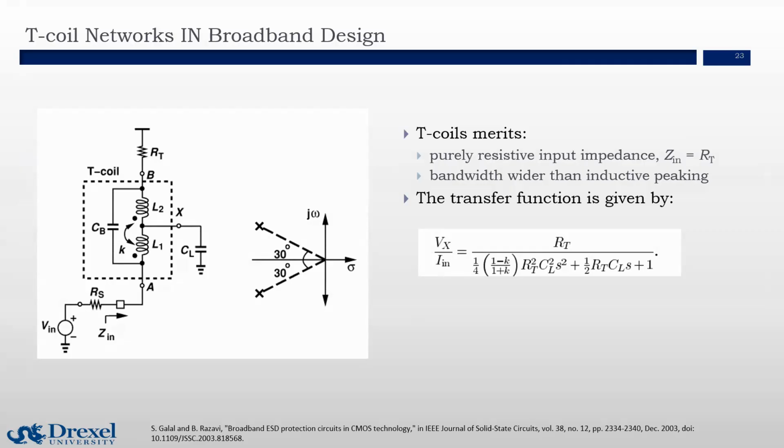The first one is the purely resistive input impedance that can be achieved by resonating out the parasitic capacitance. And the bandwidth is wider than that of inductive peaking. And the transfer function is given below. If we study the location of the poles, we can see that both poles lie in the left half plane, indicating this is a stable system.